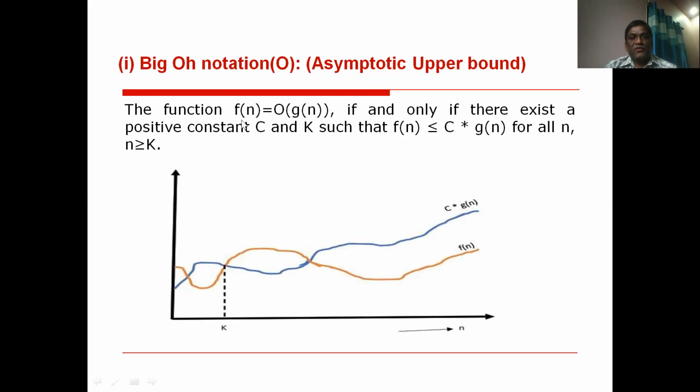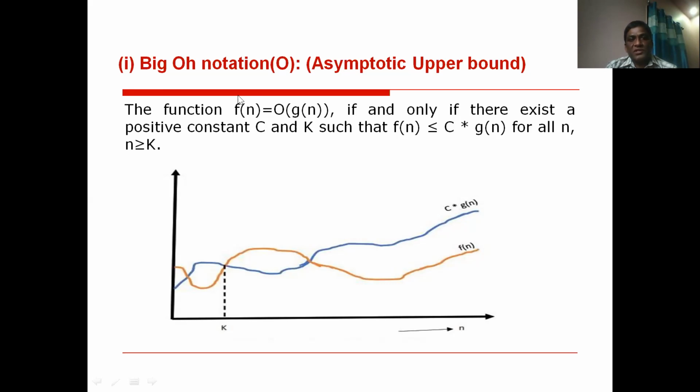Assume that f of n is the time complexity identified through the traditional methods. Let us say some 2n square plus 3n, an exact measure. Because we identified that exact measures are not correct to represent the time complexities, we are trying to represent it in the form of asymptotic notation. For that purpose, we consider another function g of n.